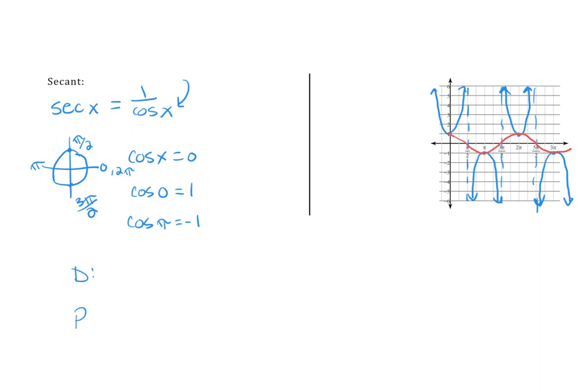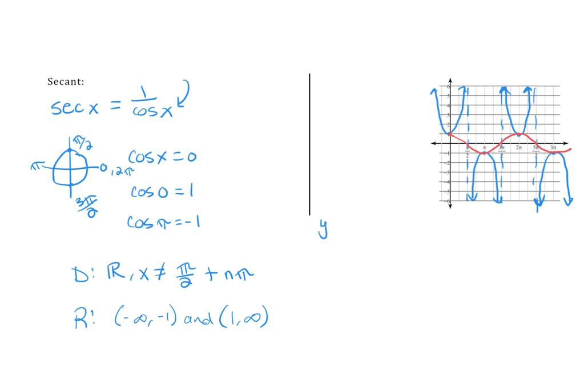So domain and range. Domain of secant is all real numbers except x cannot equal pi over 2 plus multiples of pi, and the range is from -infinity to -1 and 1 to infinity.